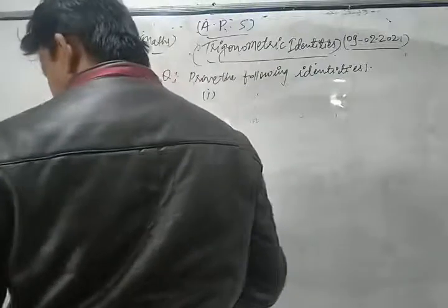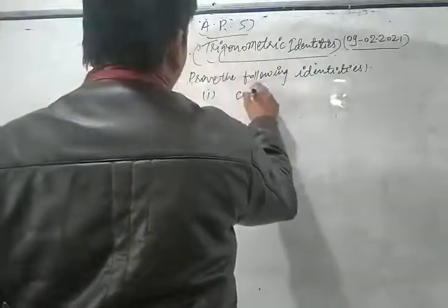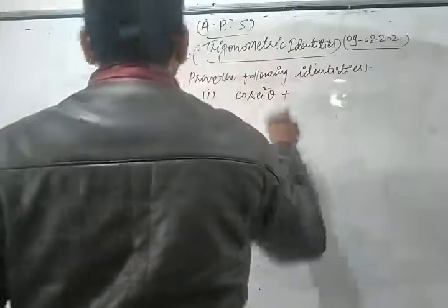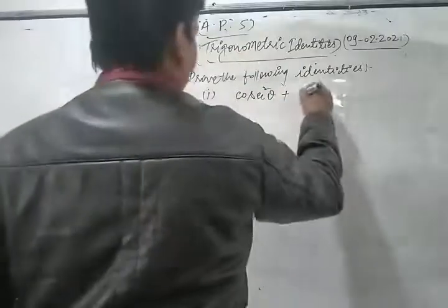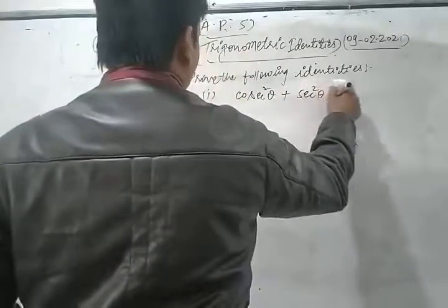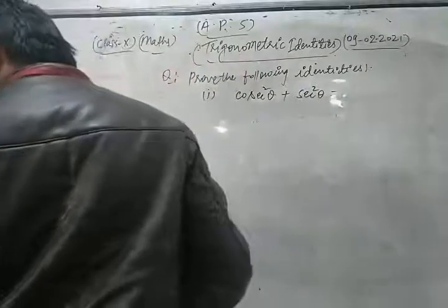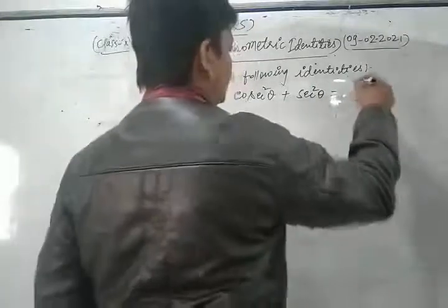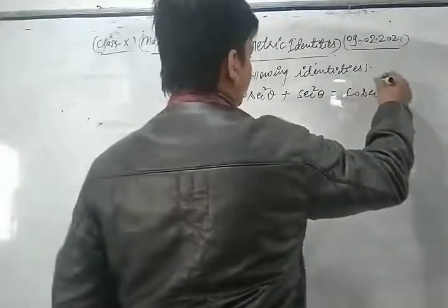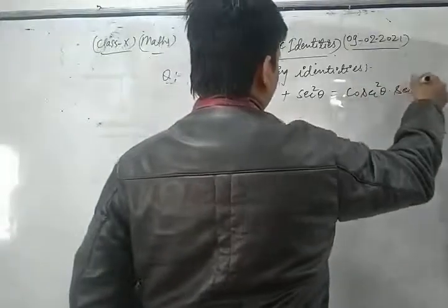The first part of this question is: cosec square theta plus sec square theta is equal to cosec square theta into sec square theta.